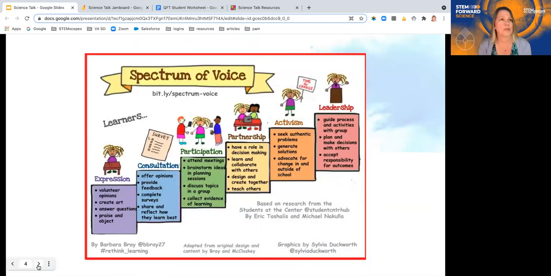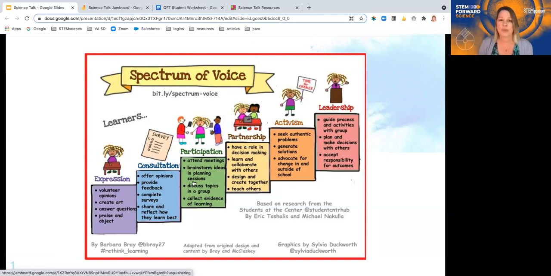In order to promote student voice, we must understand what it looks like. This graphic, spectrum of voice, shows the progression from a more teacher-led to a more learner-led environment. If we look on the left, we can see the different activities that learners in our classroom would be doing, something we would consider a little bit more traditional or teacher-led. Each of these activities really has value.